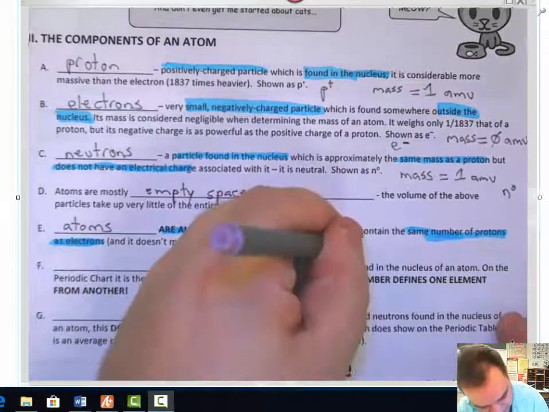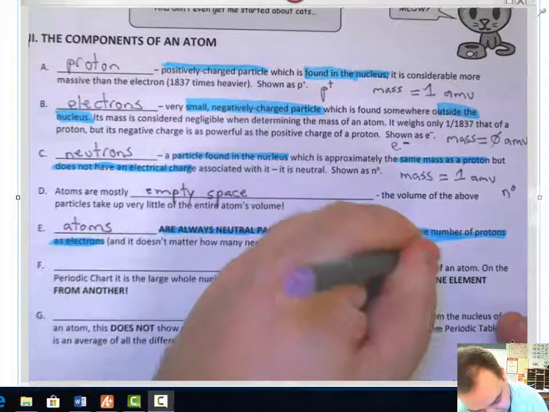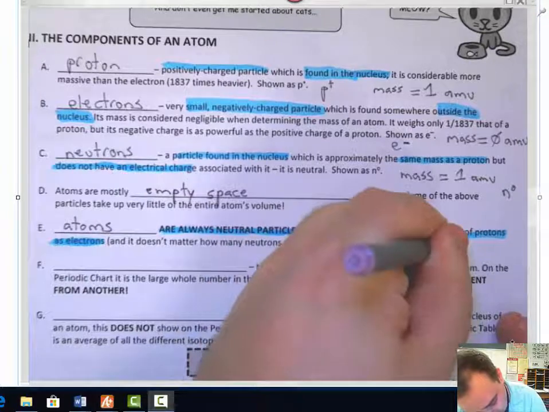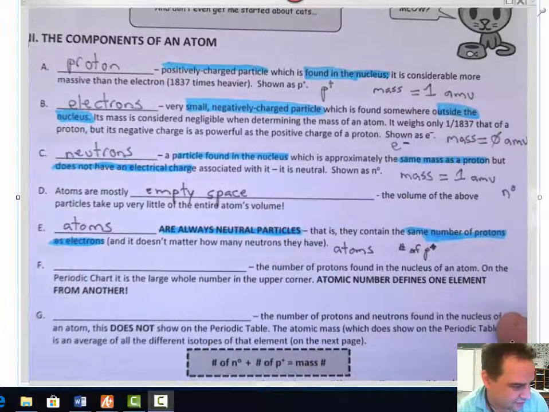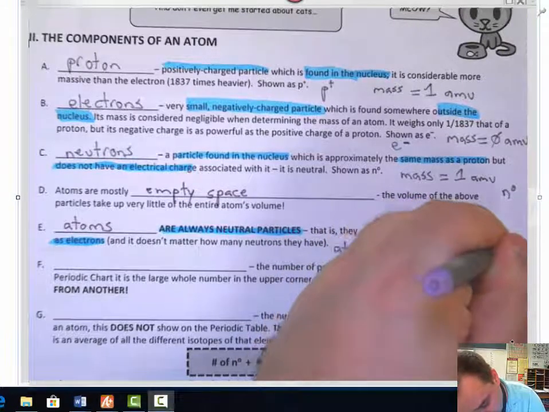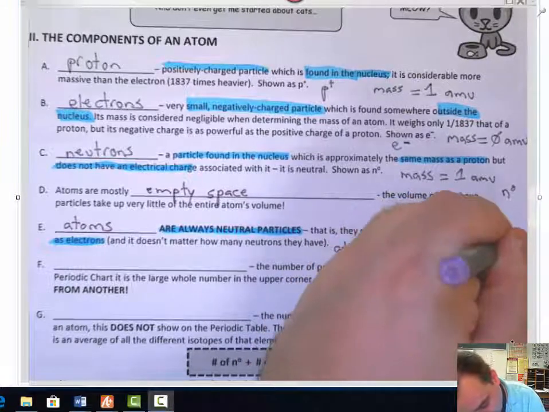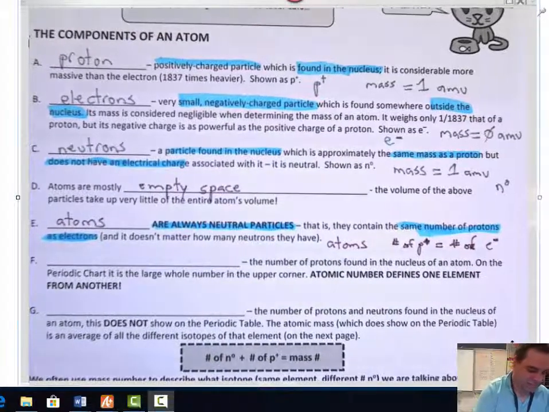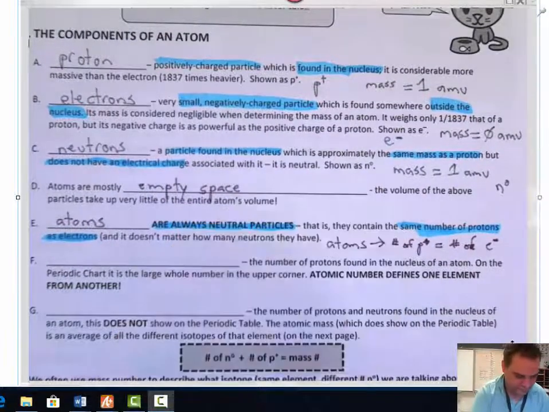So atoms have the number of protons, P plus, equals the number of electrons. That is for an atom.